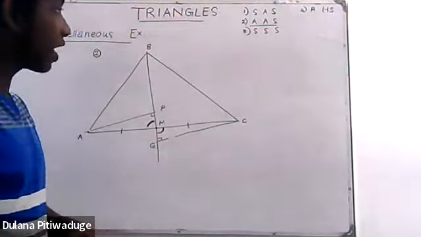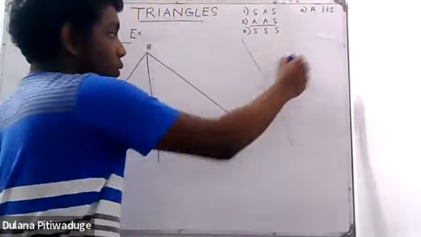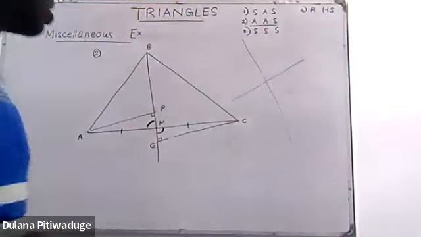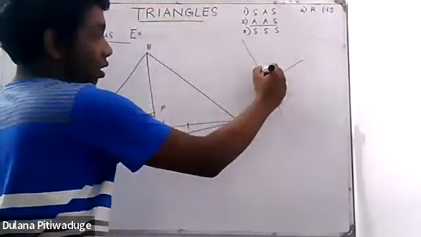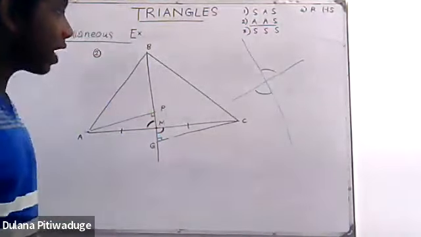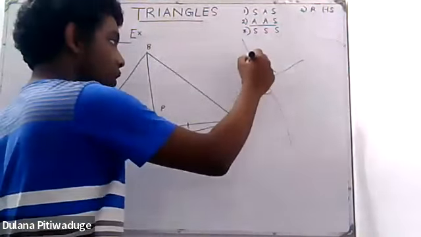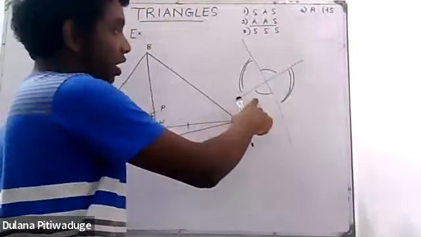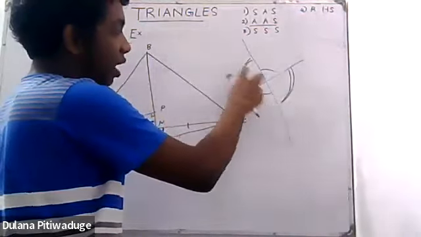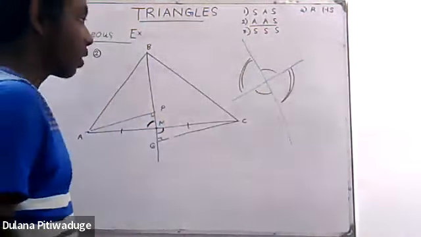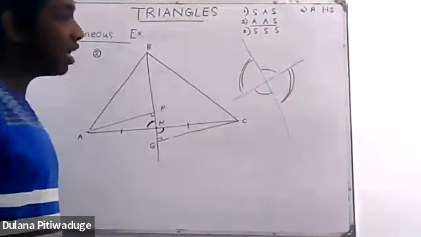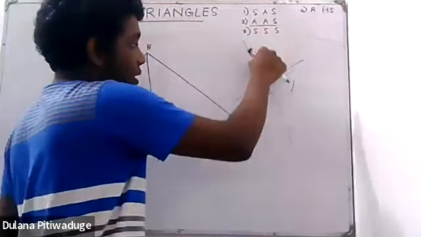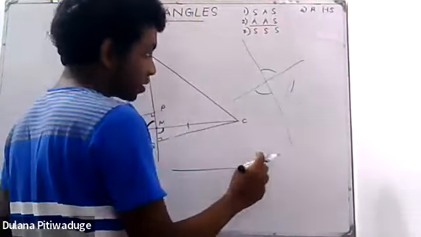What are vertically opposite angles? We consider two lines which intersect each other. If you consider the opposite angles, either these two angles are equal, and if you consider this pair, this is also equal. This is known as vertically opposite angles. Now for a proof, you can consider this.